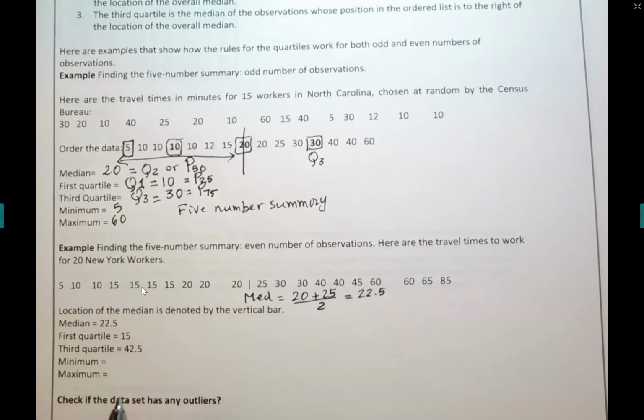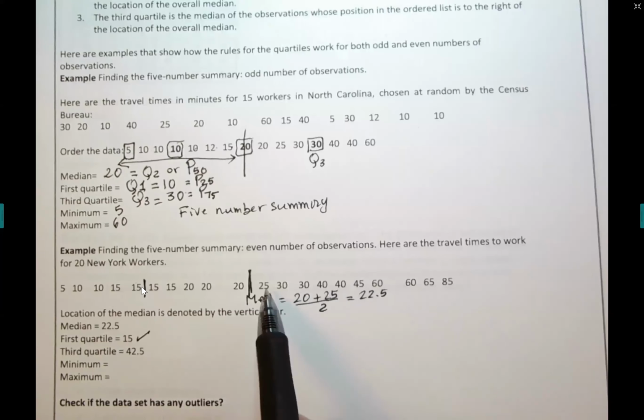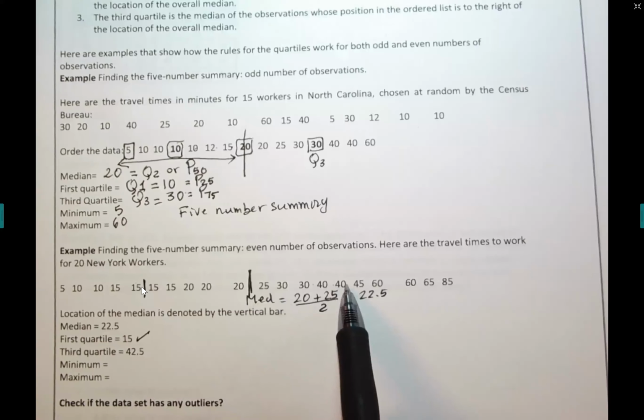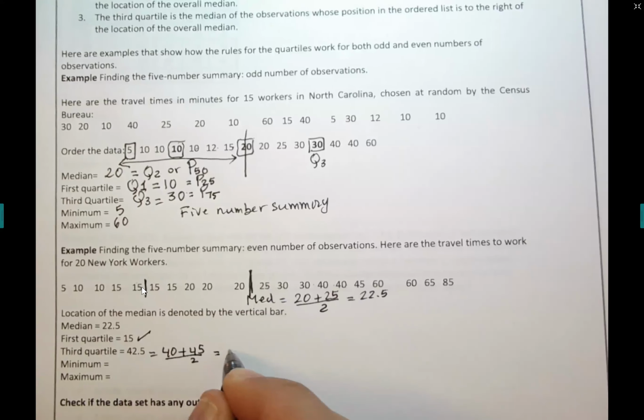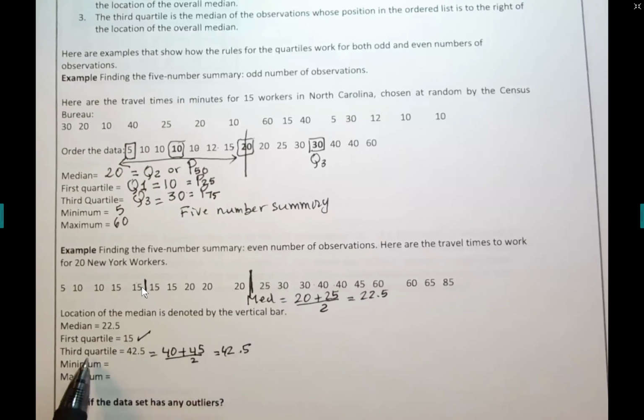Halfway between 15 and 15 is 15. That's the first quartile. Third quartile, guys, it's also between the 5th and the 6th, between 40 and 45, which is 40 plus 45 divided by 2, which is 42.5.